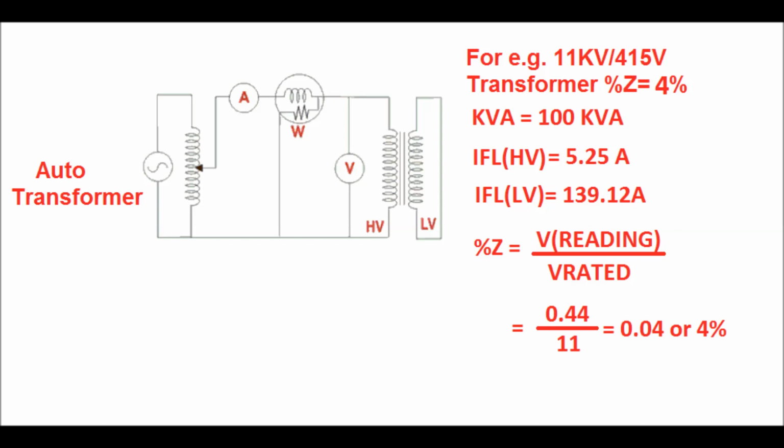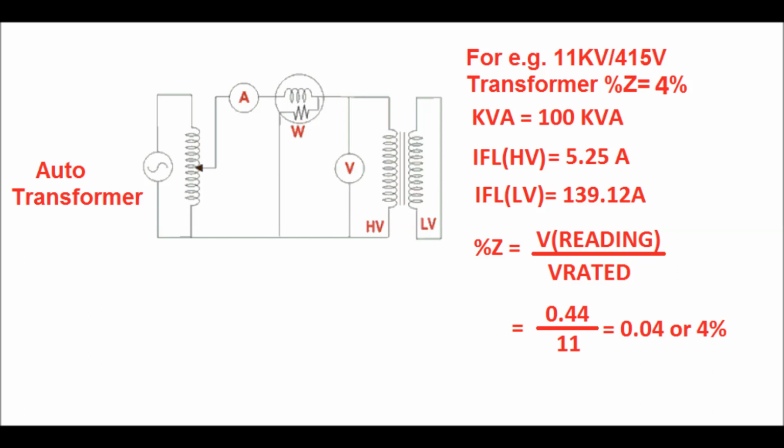So the full load current in the HV side, that is IFL in the HV, is equal to the kVA capacity, 100 divided by root 3 into 11 kV, which comes to 5.25 ampere. Again, the full load current in the LV side is equal to 100 into 1000 divided by root 3 into 415, which comes to 139.12 ampere.